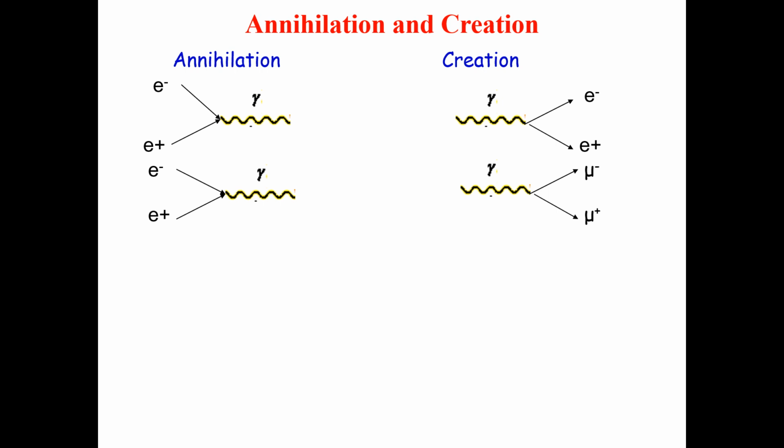Similarly, we have annihilations and creations. If you look at the annihilation process, we have electron and positron. They annihilate through the emission of gamma rays.